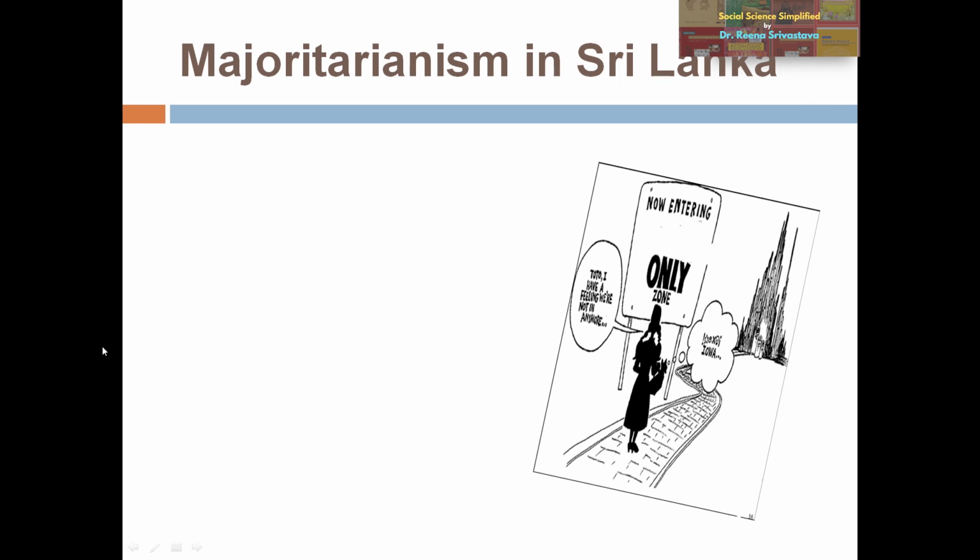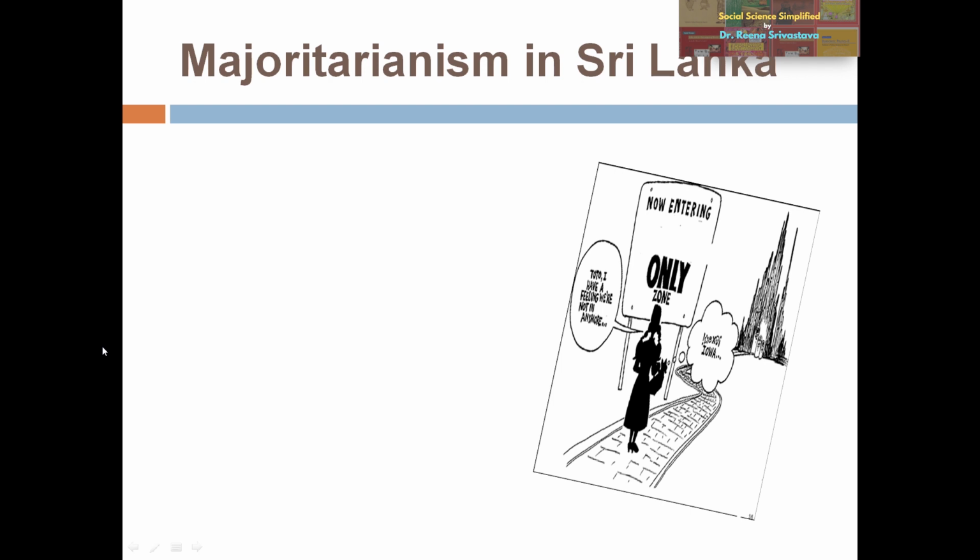And in democracy, it is the majority which is going to form the government, you all know that. So what happened, the Sinhalas, because they were in majority, started dominating the Tamils, and that is why it is known as majoritarianism in Sri Lanka.